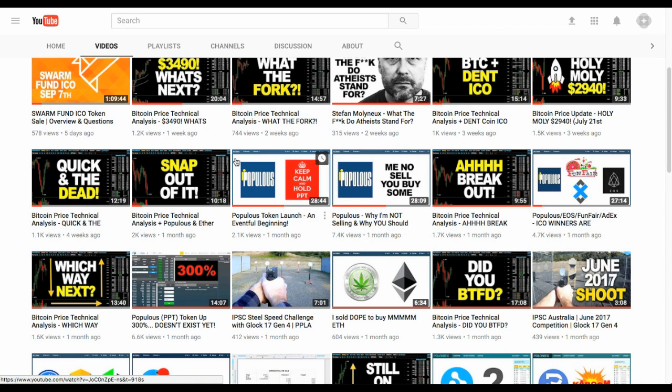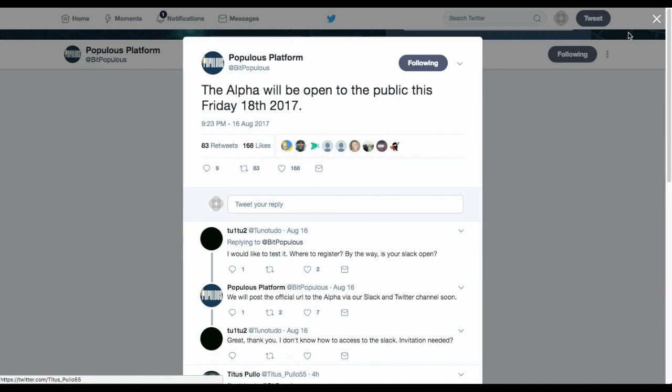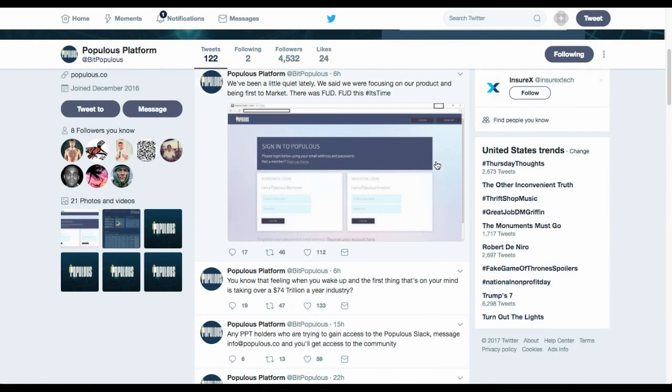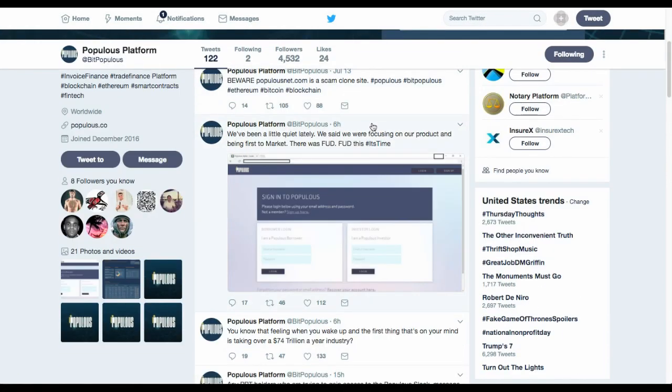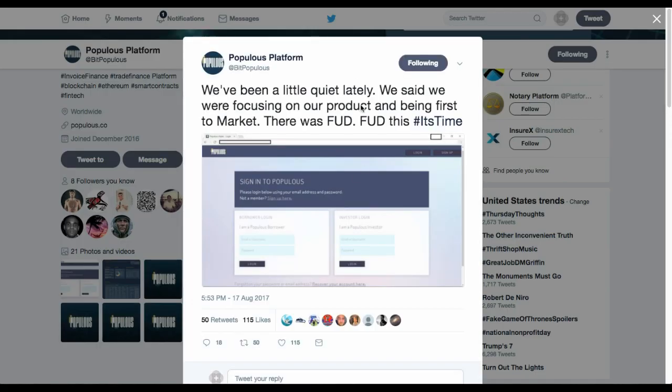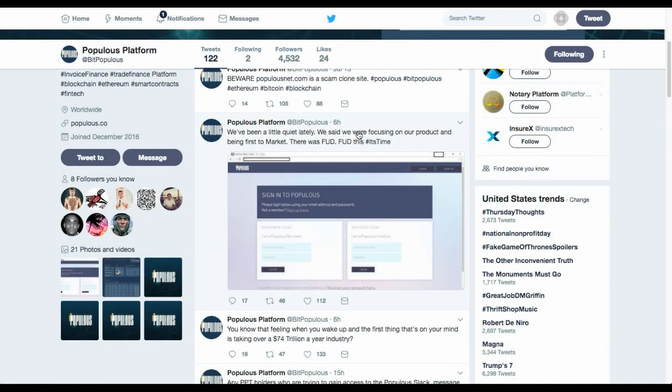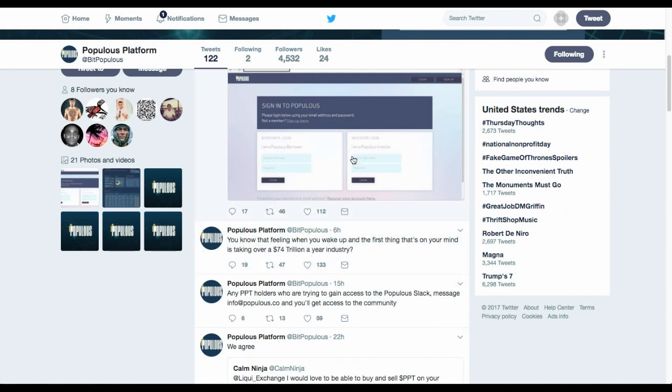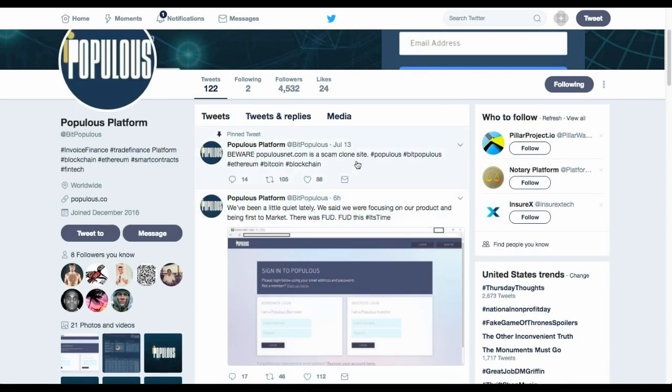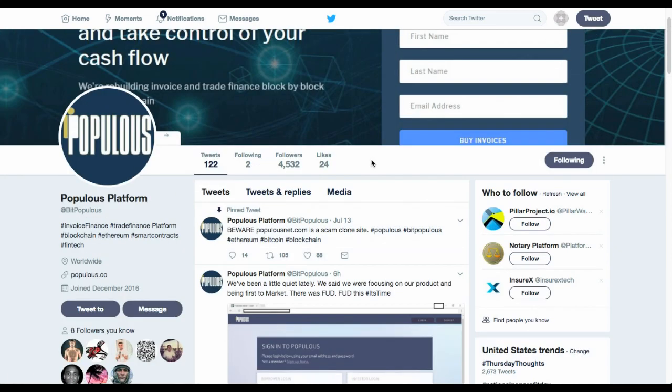They are about to release their alpha, meaning the alpha website, for some of us lucky people to be a part of, and we can go in and check it out and make notes and try and find the bugs and the kinks and all that stuff. So that's coming up very soon. What I'm planning on doing, if it works out, is a screen capture of my very first login and experience with the alpha of Populus.